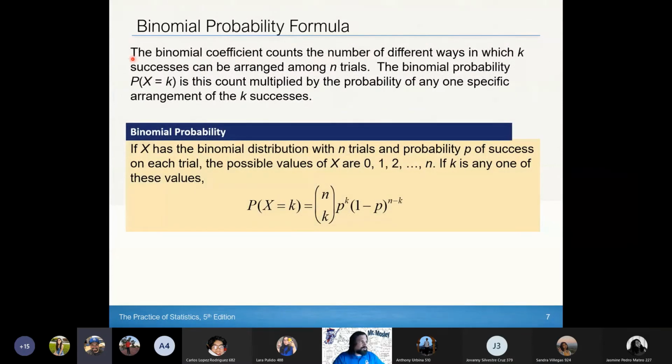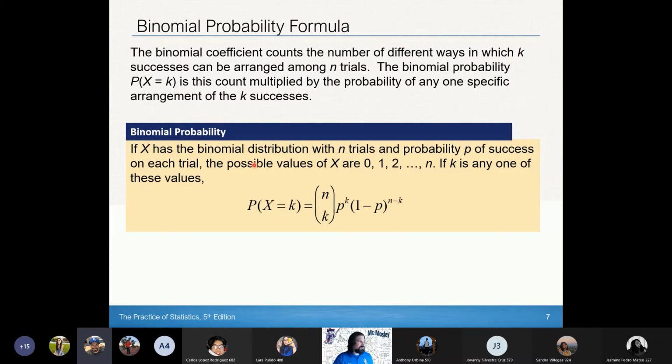So the binomial coefficient counts the number of different ways in which k successes can be arranged among n trials. The binomial probability P of X equals k is this count multiplied by the probability of any one specific arrangement of the k successes. So we have the binomial probability formula here.